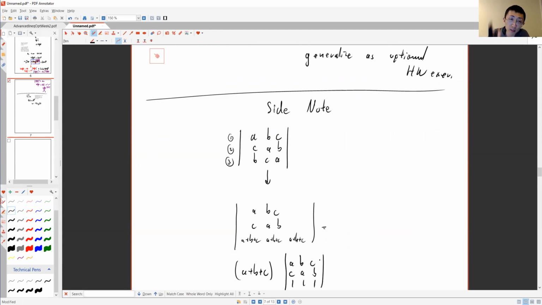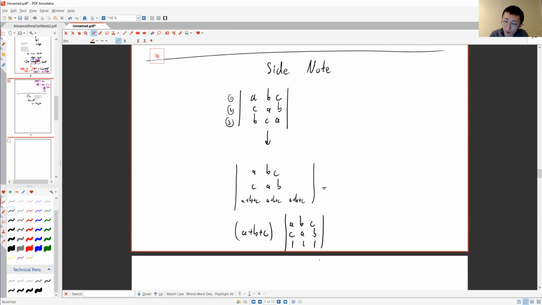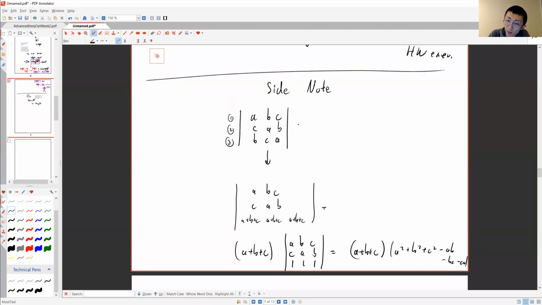The vertical bars mean determinant of a matrix. And then this you can just compute as A plus B plus C, times A squared plus B squared plus C squared, minus AB minus BC minus CA. And this at the very start, if you just compute the determinant directly, is equal to this.